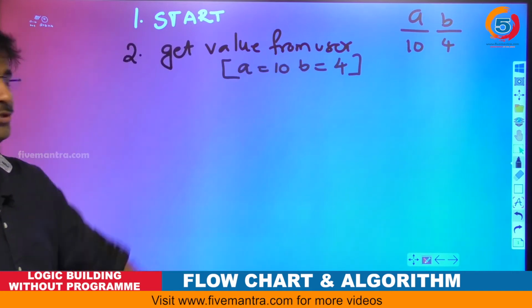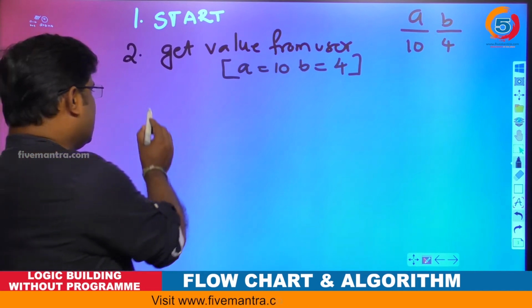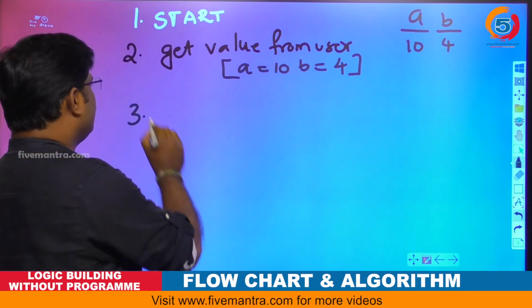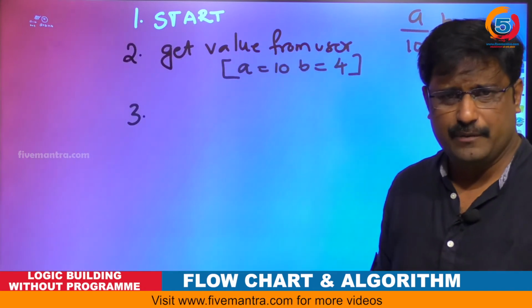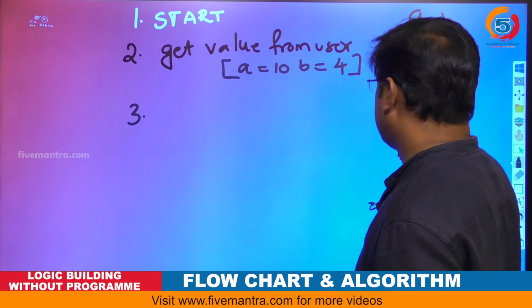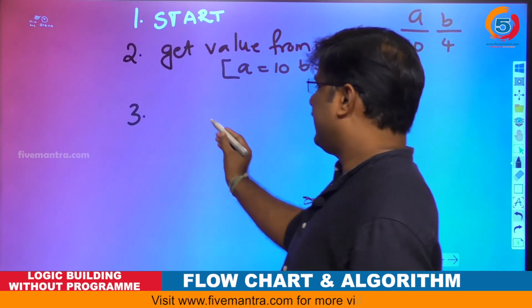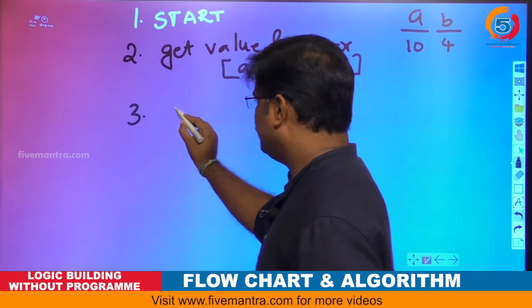Now I want to add these two numbers. The third step is to do the basic operation: how to add two numbers. We already discussed this. First I'll take the a value.